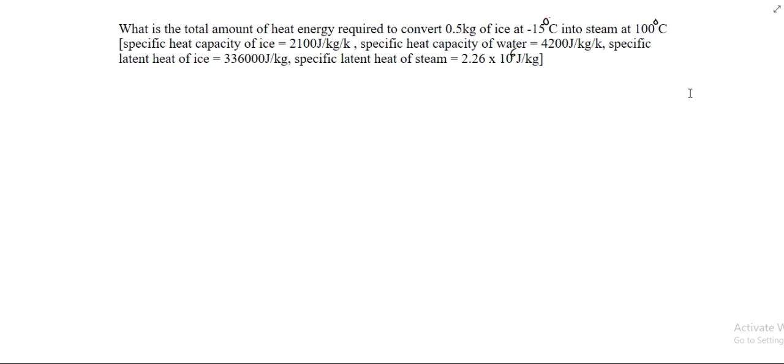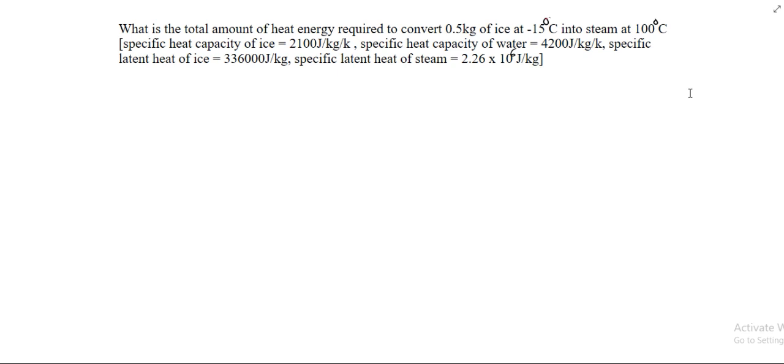We are given the specific heat capacity of ice to be 2100 joules per kilogram per Kelvin, the specific heat capacity of water to be 4200 joules per kilogram per Kelvin, and we are given the specific latent heat of ice and also the specific latent heat of steam.